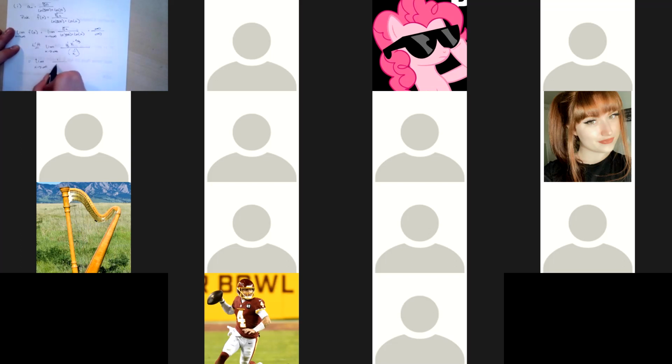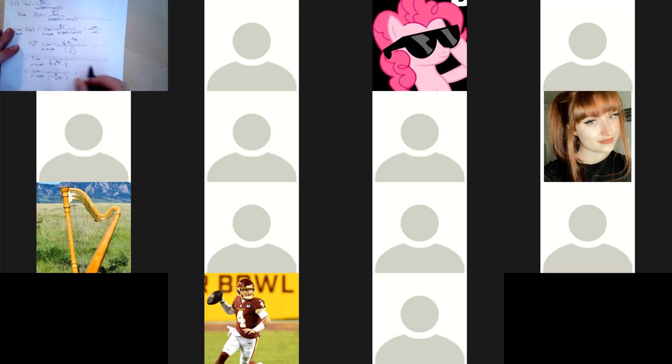So we've got 1 over 3 x to the 2/3 times 1 over x in our denominator. And so we've got the limit as x goes to infinity of 1 over 3 over x to the 1/3.